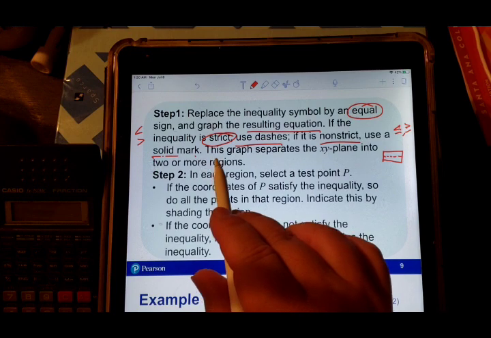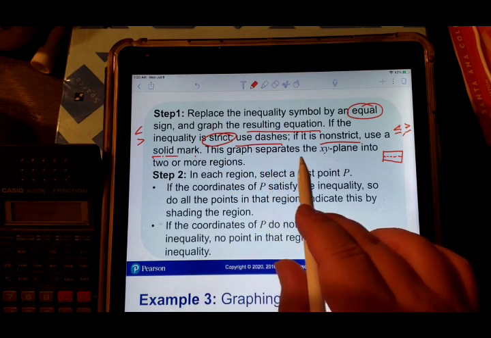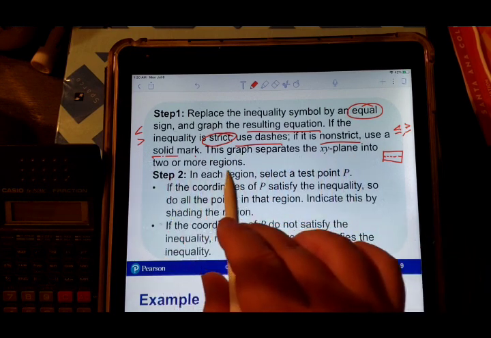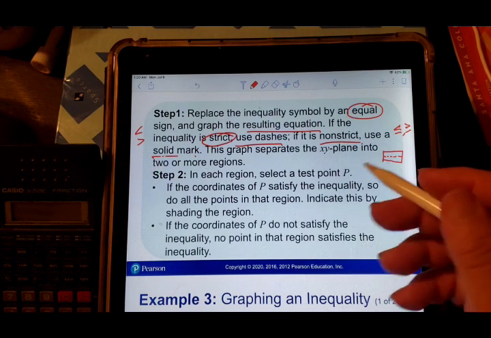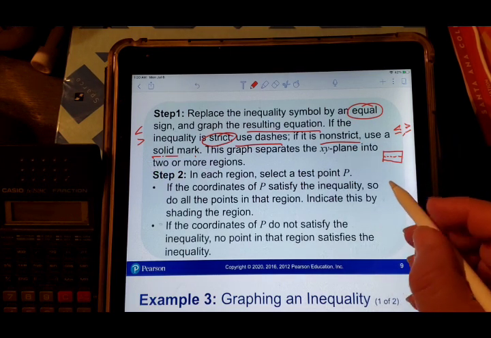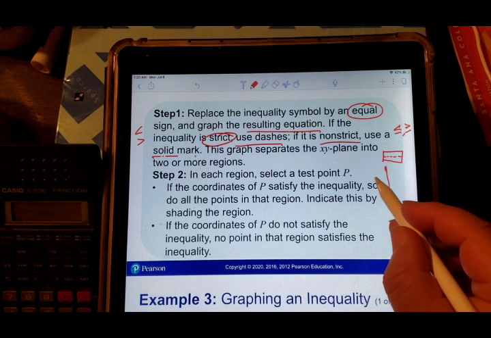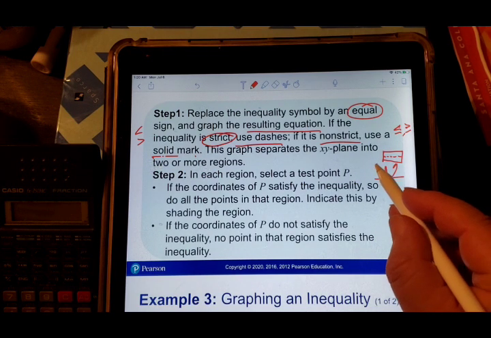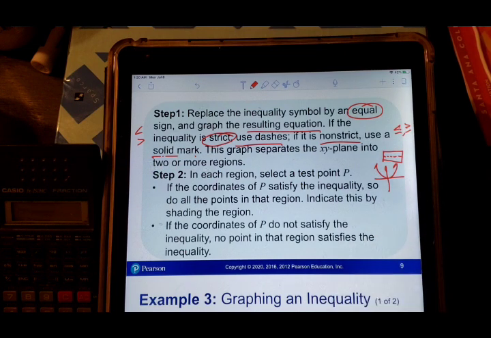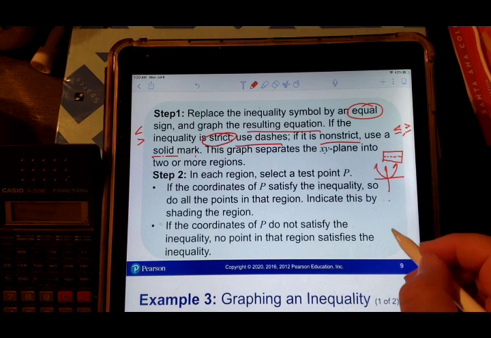Now the graph will always separate the plane into two or more regions. So keep in mind, we're not just talking about a line. We're talking about maybe a parabola. If your graph is a parabola, you've created two regions. Actually, any figure we're drawing, you could pretty much think of as two regions. The only exception to that might be a hyperbola.